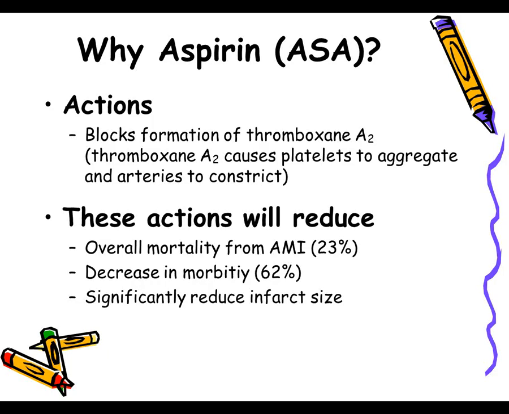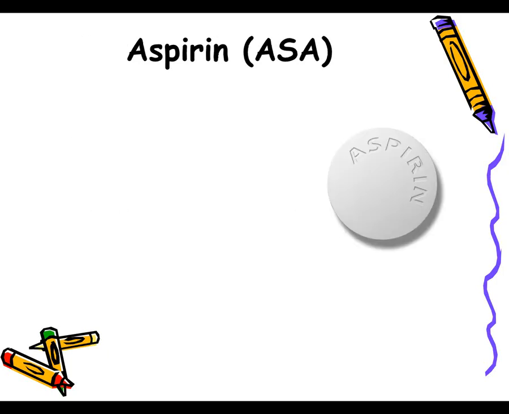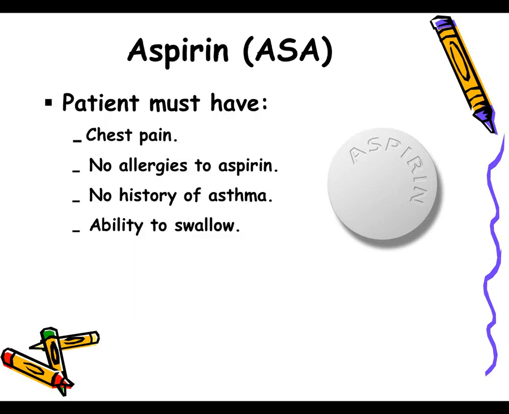If the patient waits 2.5, 3 hours, there's going to be a large portion of the heart that's dead, depending upon where in the coronary artery the clot is. But if you give it to them right away, there may be no infarct, none whatsoever. And that's why it's so vitally important to recognize it early and to administer the aspirin as soon as you can. The patient must have chest pain, not allergic to aspirin, and no history of asthma.